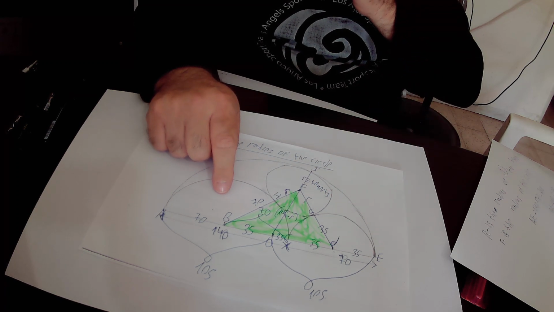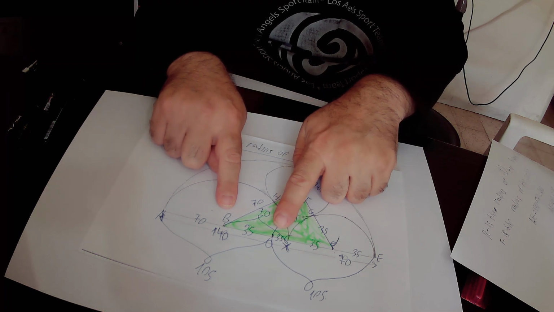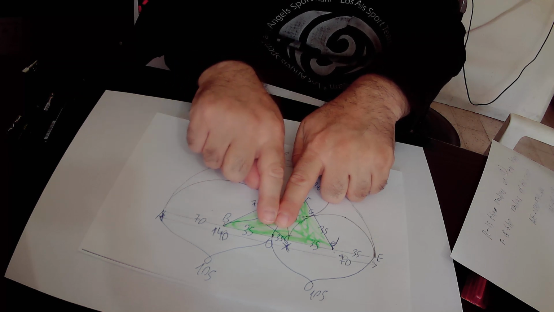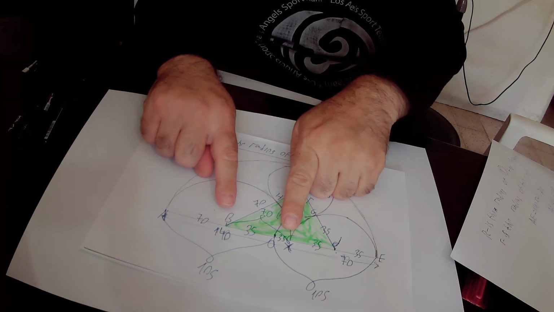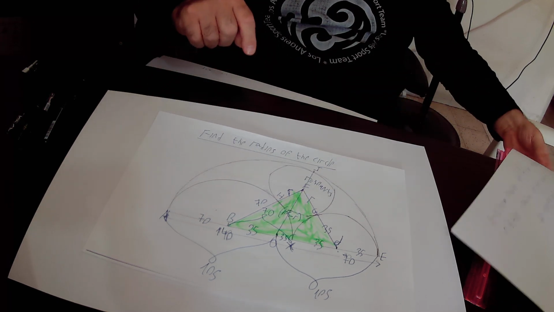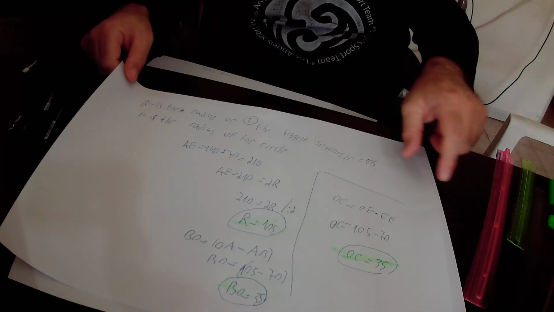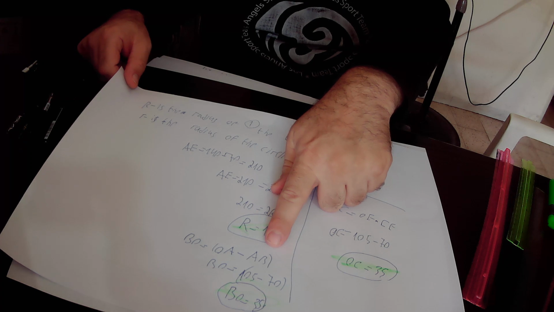Okay, then we found the length of line segment BO. From the drawing it is very easy to see that BO equals OA minus BA. I repeat again. BO equals OA minus BA or AB, it is the same.